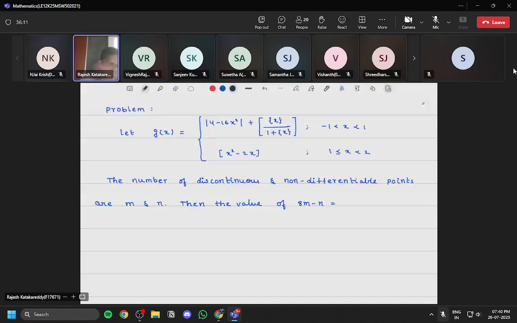Well done. They have given the function in that interval only, no? So I can take minus 1 to 2 there, open bracket. Neither minus 1 nor 2 is included in this. So the discontinuous and non-differentiable points are M and N here.